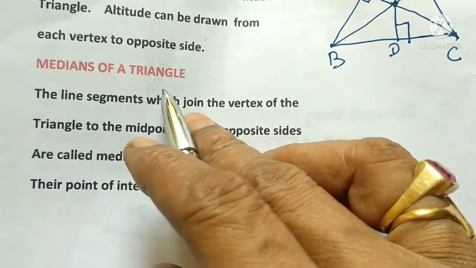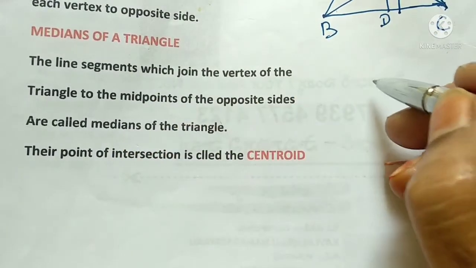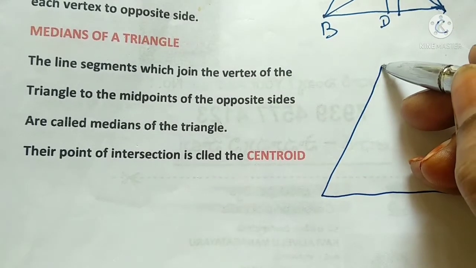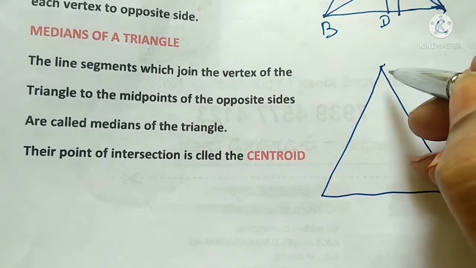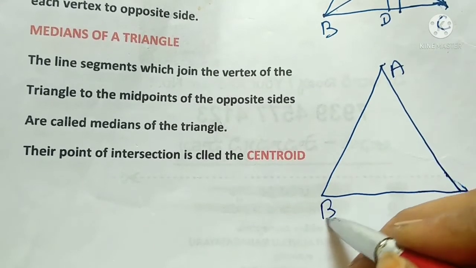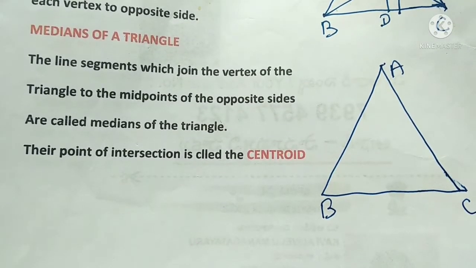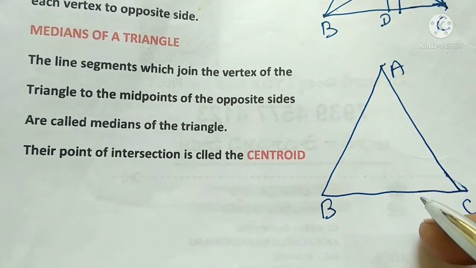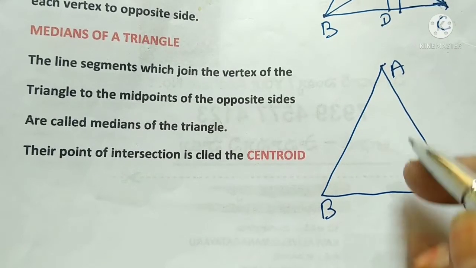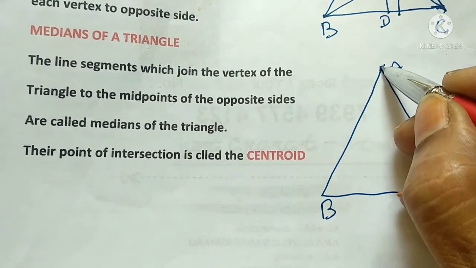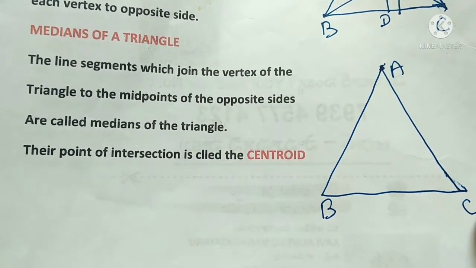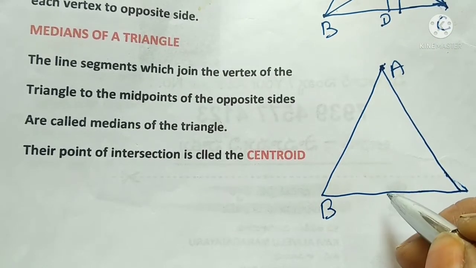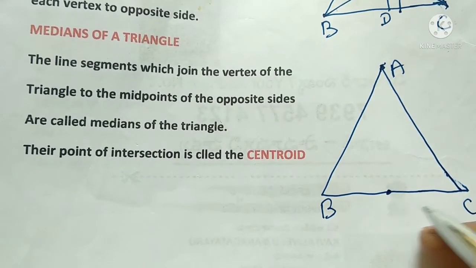What is the median of a triangle? Again, we draw another triangle. This is A, B, and C. The median is the line segment which joins the vertex of the triangle to the midpoint of the opposite side. Here, A is the vertex and BC is the opposite side, and we have to take the midpoint of the side BC.